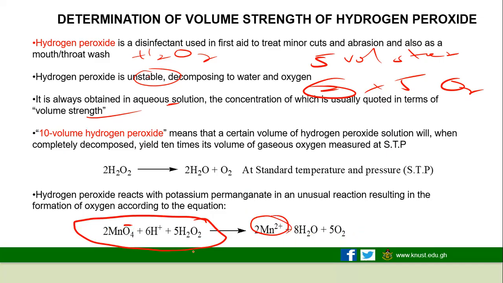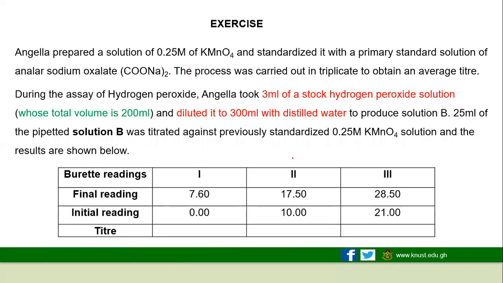The KMnO4 oxidizes the peroxide to water and oxygen gas, and itself is reduced to the Mn2+ ion. So there will be a color change from purple to faint pink, and we can use the KMnO4 to assay the peroxide. I hope we are following. Good. So an exercise to that effect.